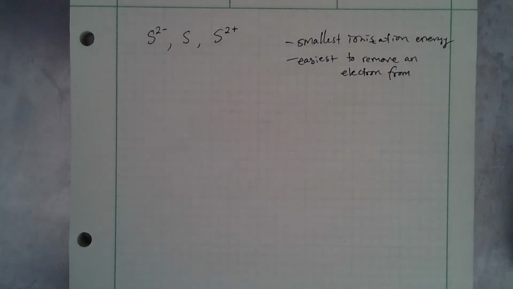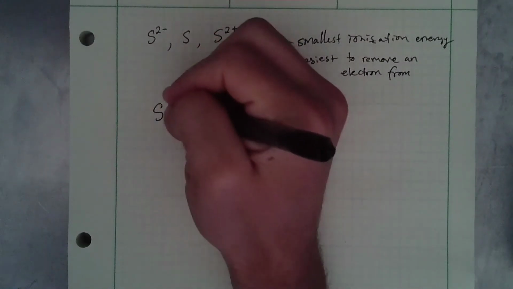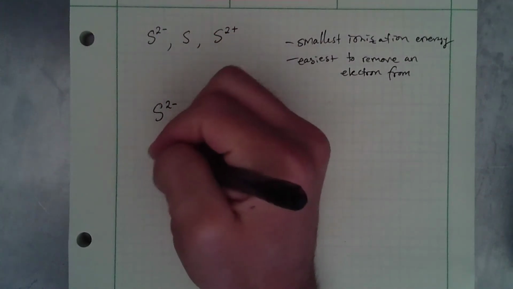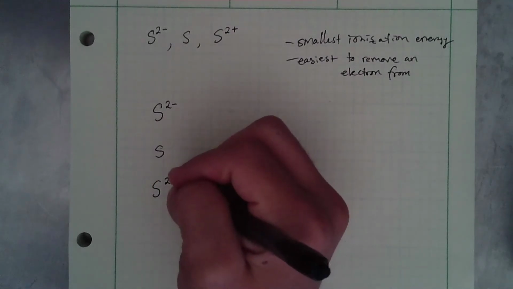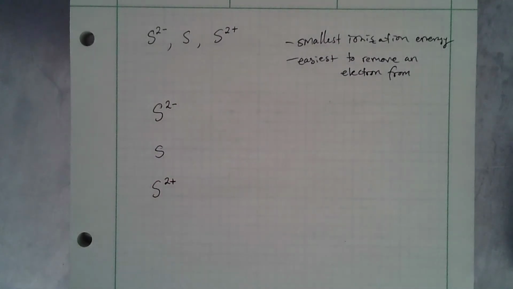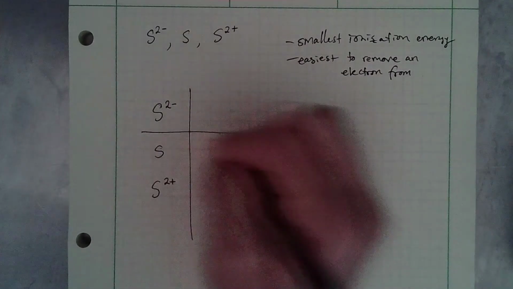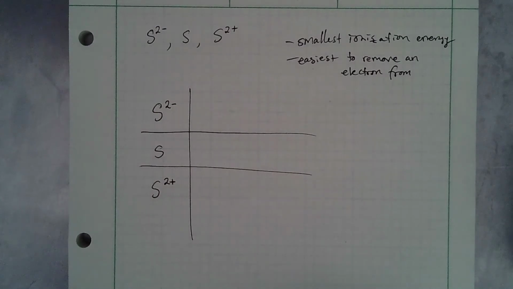There are a few different ways you can come at this. What I'm going to do is take a really close look at the electron configurations for these three atoms or ions. So I'm going to make myself a little bit of a table here.